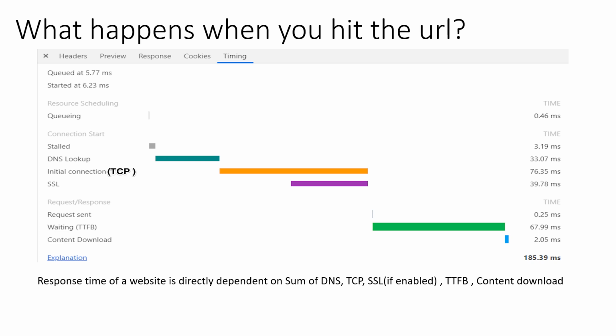This is the time taken to download the CSS, the images, the JS, etc. in the web page. So to summarize, the response time of a website directly depends on the sum of the DNS time, TCP, SSL if enabled, time to first byte, and content download.